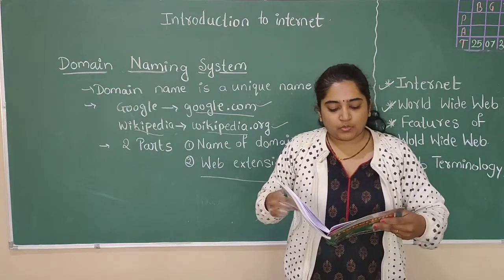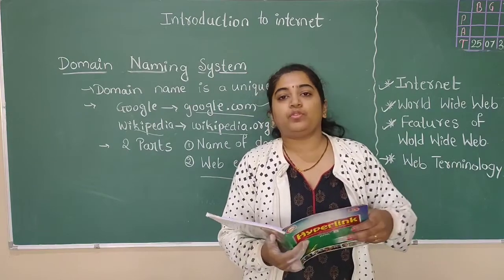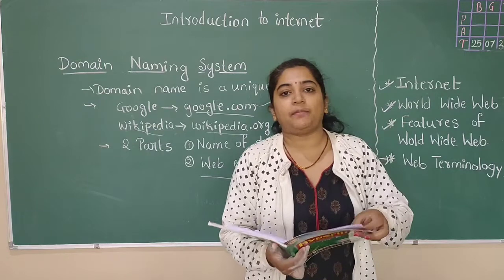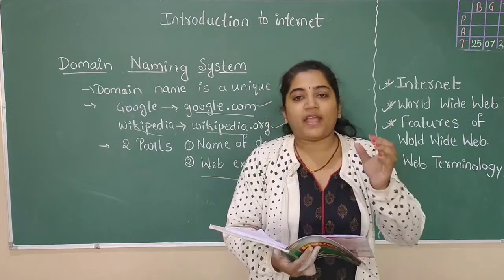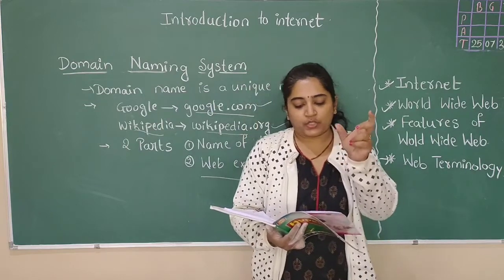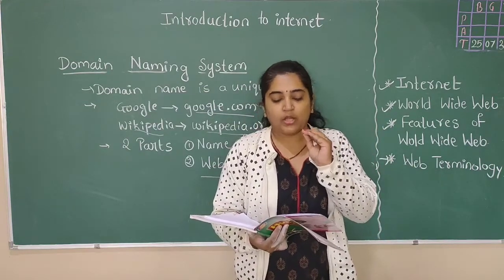So the ISP will query the domain name to the server and find the unique IP address. What will it find? The unique IP address associated with the yahoo.co.in portal.